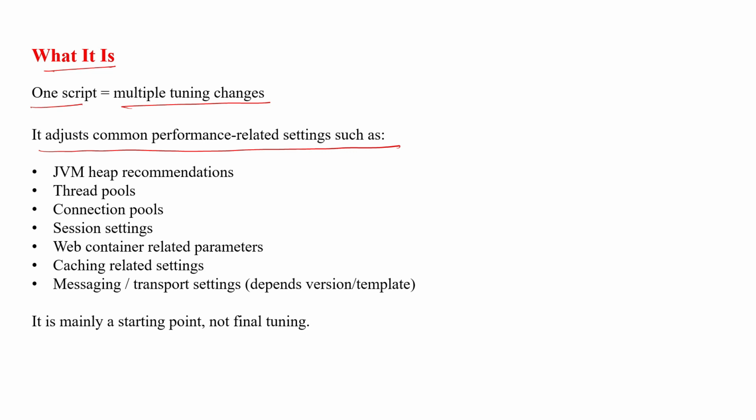So what are all those areas and what are the important parameters that are going to be set by this particular script for your environment? They are related to your JVM heap recommendations, thread pool, connection pool, session settings, web container related parameters, cache related settings, and messaging transport settings.